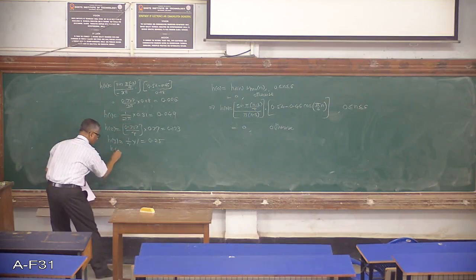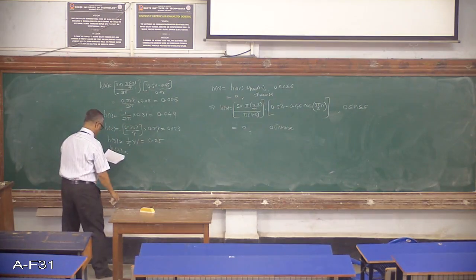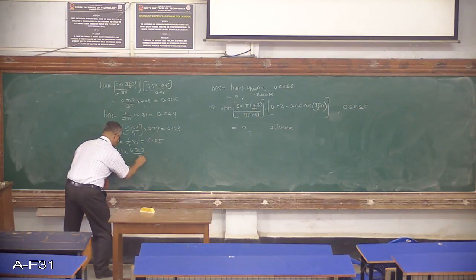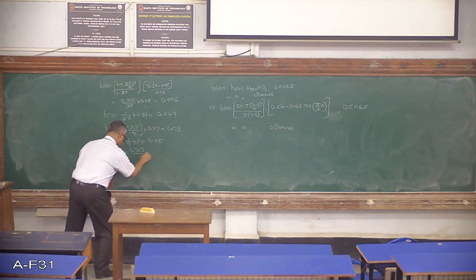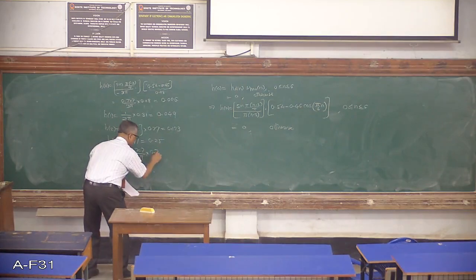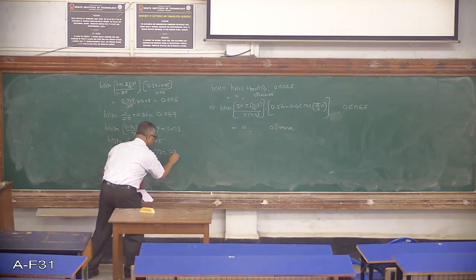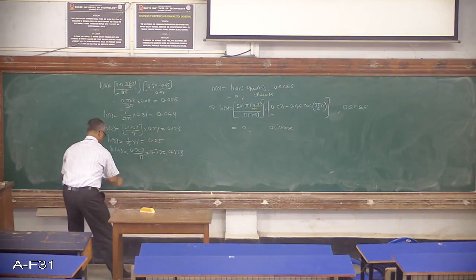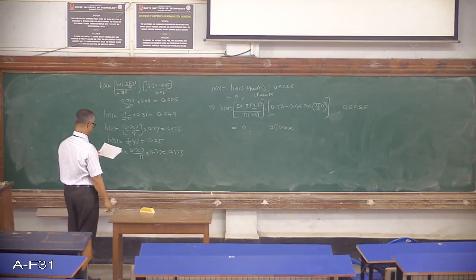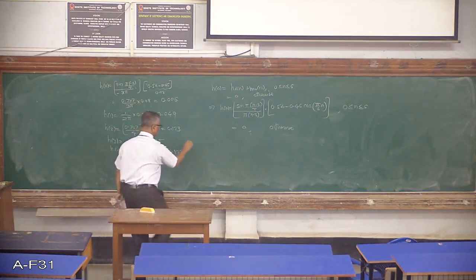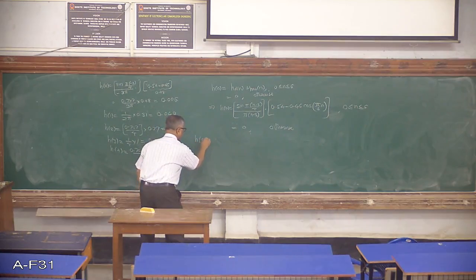Then H of 4. You can check, you get 0.707 divided by pi into 0.77, the window value. This is 0.173. Similarly, H of 5, remaining values I'll write here.